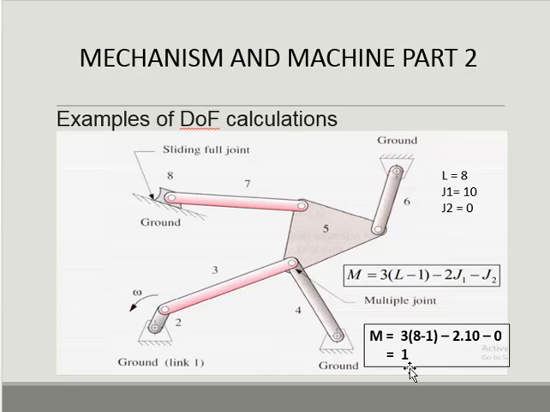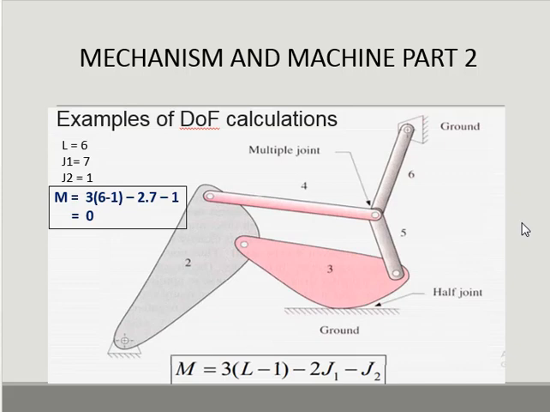So the result is 1 mobility. So we can say this mechanism has one degree of freedom. Now we can count the second example for calculating degree of freedom.